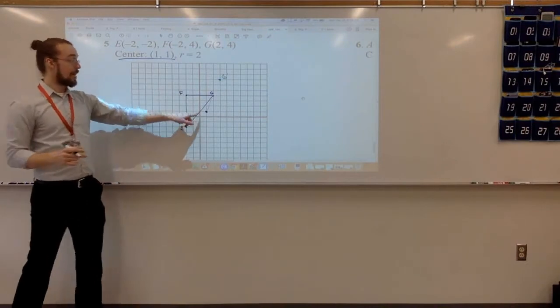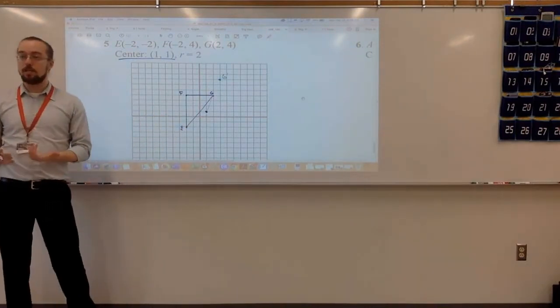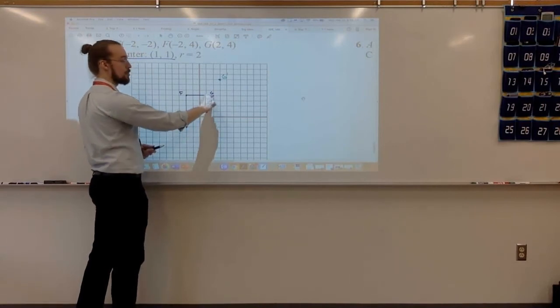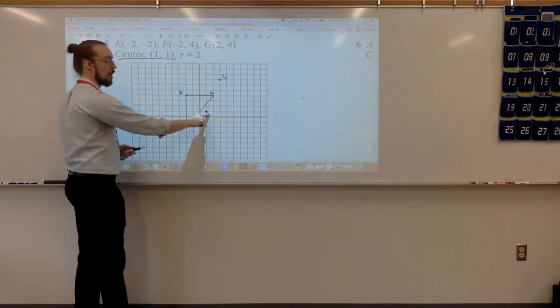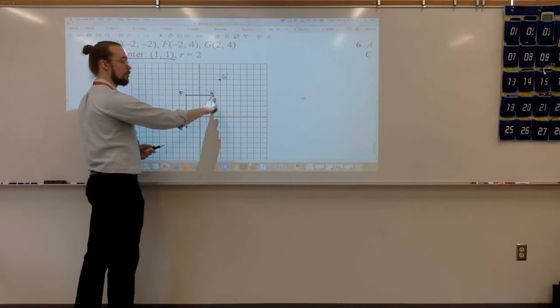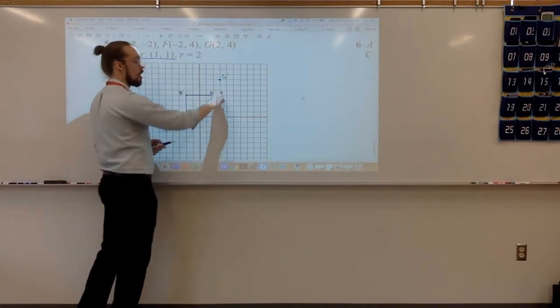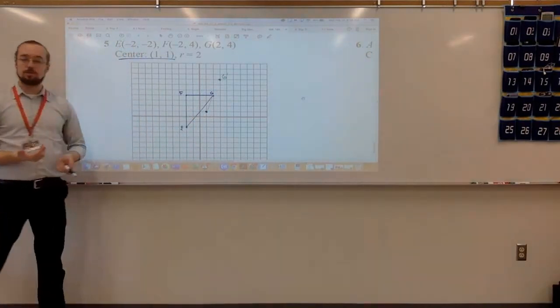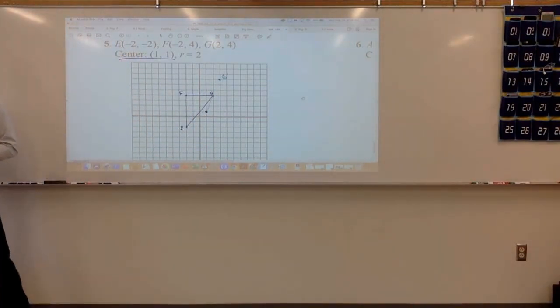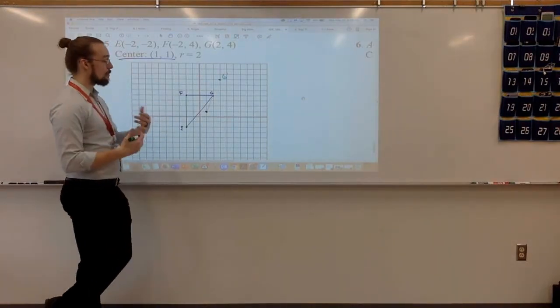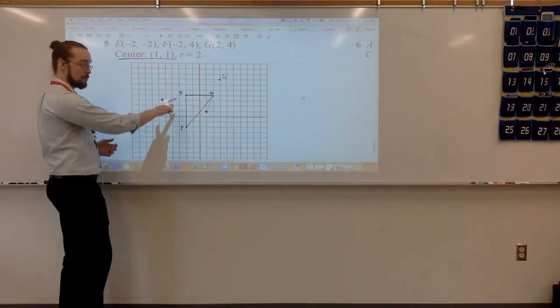Okay? And that distance is from the center of dilation, right? So my first one, from my center to my original G, I'm going right 1, up 3. So if I'm doubling that, I'm going to go over 2, up 6 from the center of dilation. Okay? I just want to do that same thing for each of my other coordinate points.